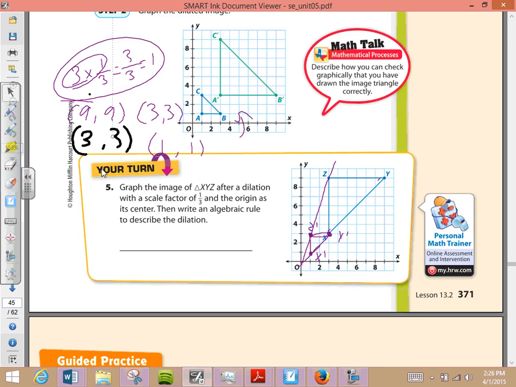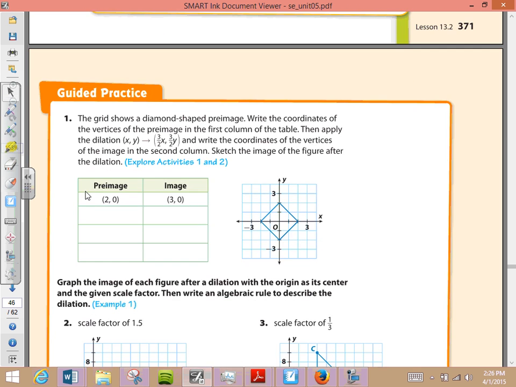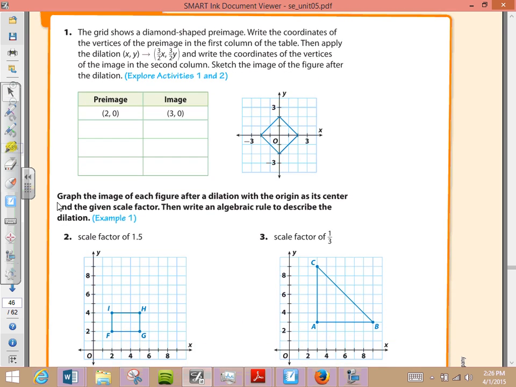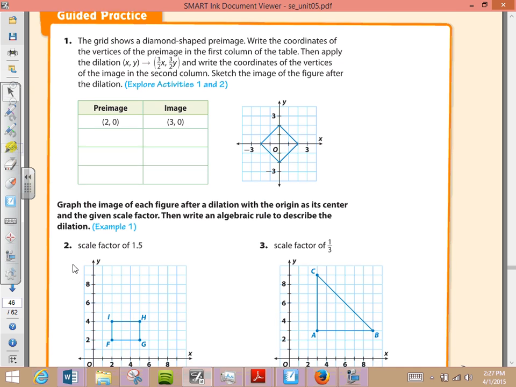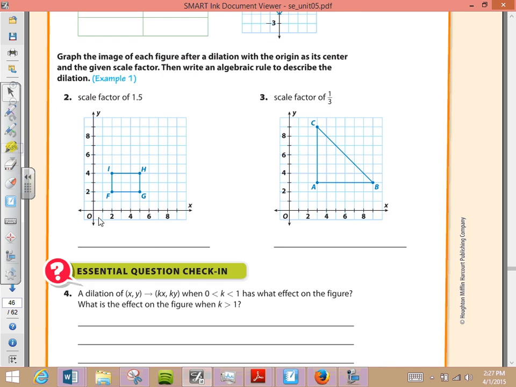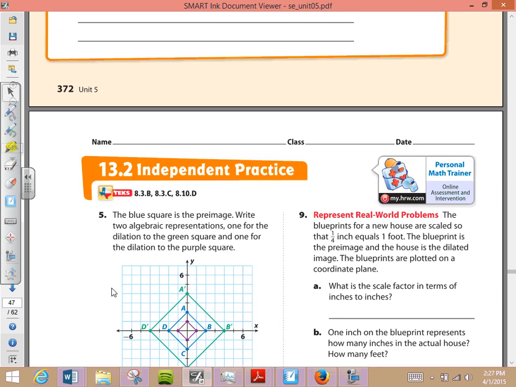All right, moving on. Let's do this one on your own. Yes, you do have homework, but not yet. Your homework is actually the next page.